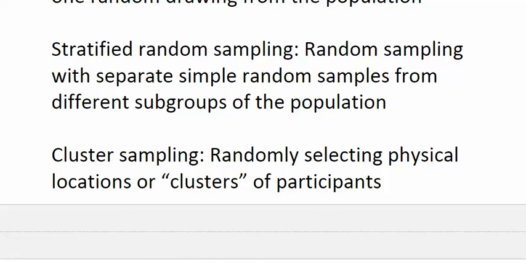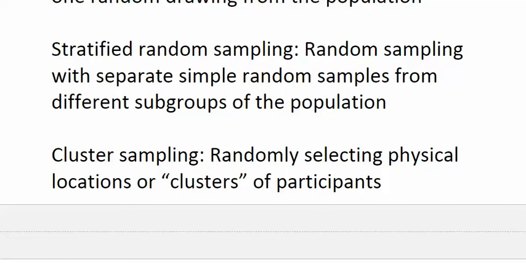And if the clusters that are selected are very large, the researcher doesn't have to collect data from every member of the clusters. Instead, the researcher could just take a sample of each selected cluster.